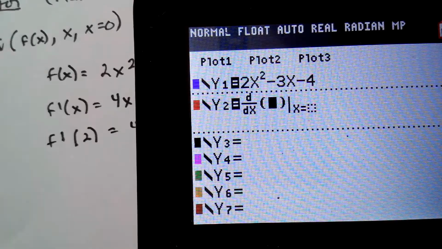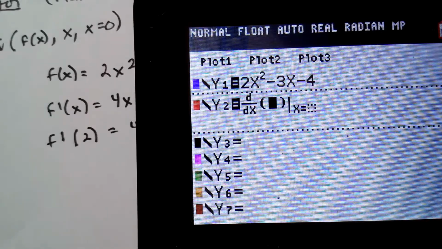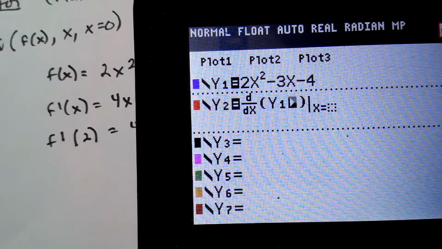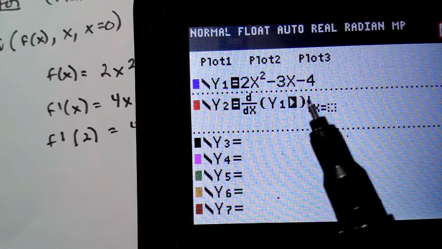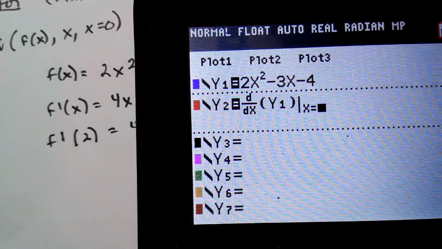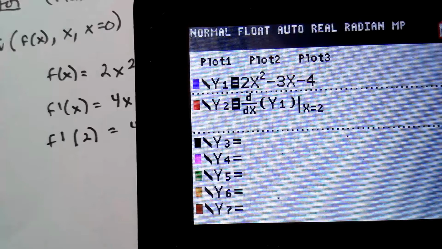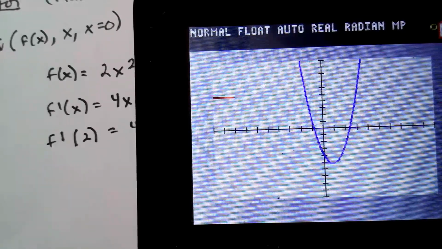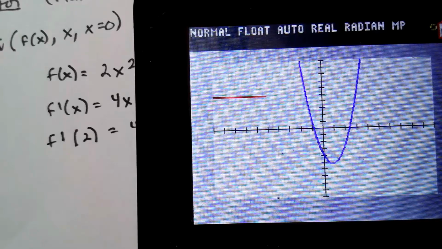To put our function in here without having to retype it, you press vars, right arrow, 1, 1. So again, you're telling the calculator, I want the derivative of the function that's sitting in y1. And you can go over here and you press 2. Okay? And hit graph. And look at this. You get a constant function.